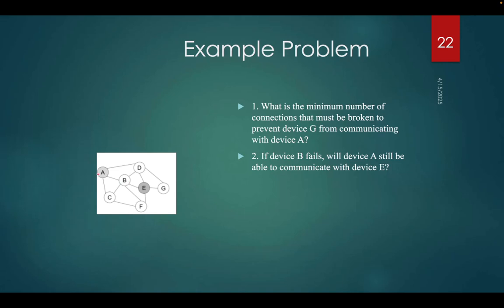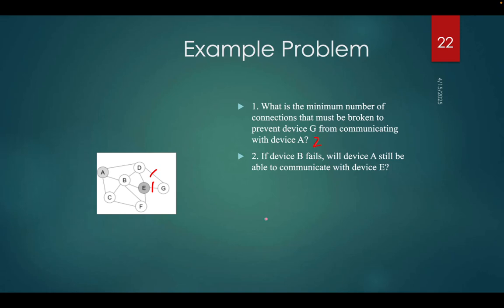So we need to break this connection and this connection. That way G will be left stranded. So the minimum number of connections that must be broken to prevent device G from communicating with device A is 2.